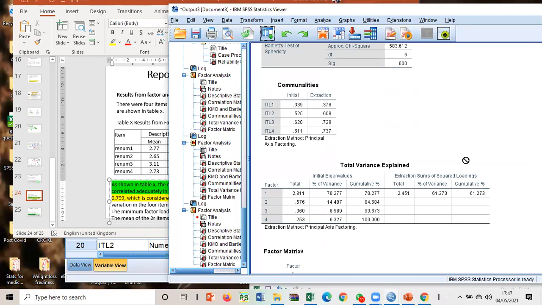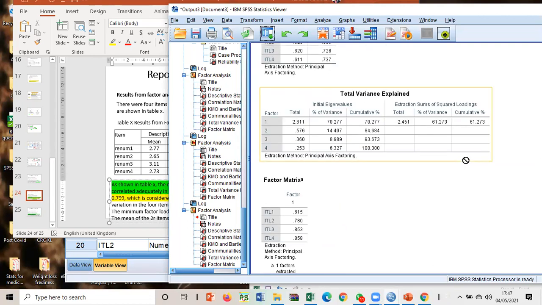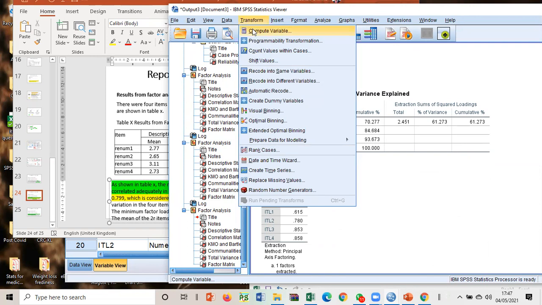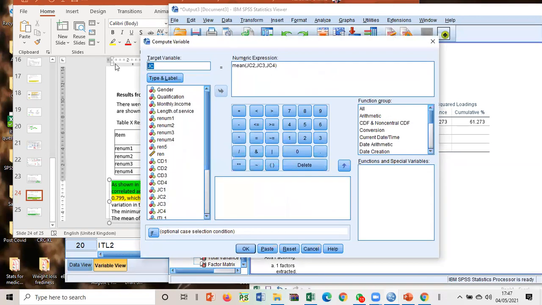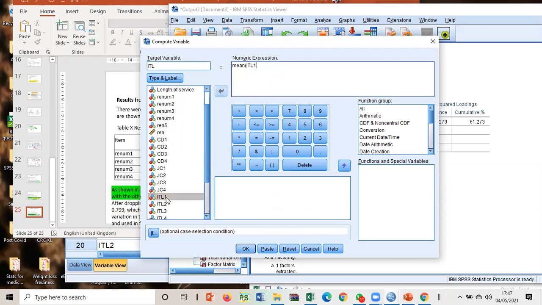One factor and more than 50%. All right. Minimum factor loading? Yes. All right. So these 4 items seem to be good indicators. So ITL, mean of ITL1 to ITL4.